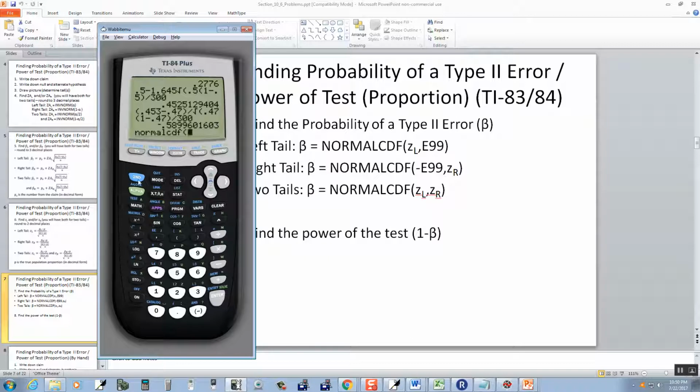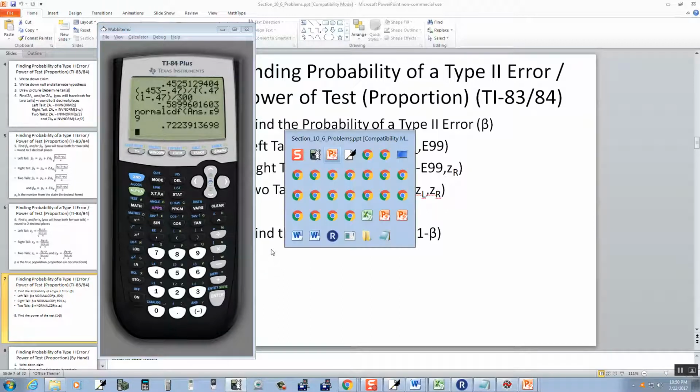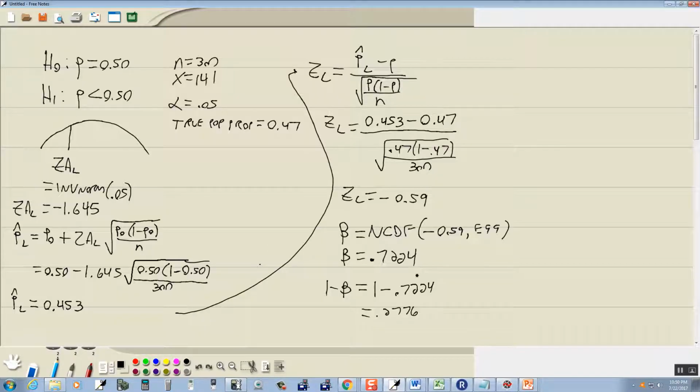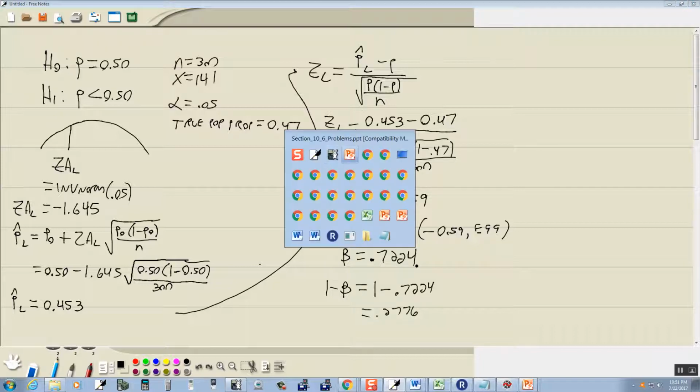What if I put all of that previous answer in there, comma, E99? I still get 0.7224. No, it doesn't matter about that.